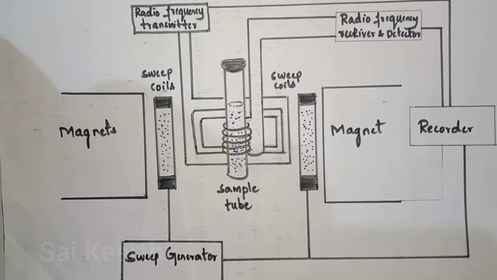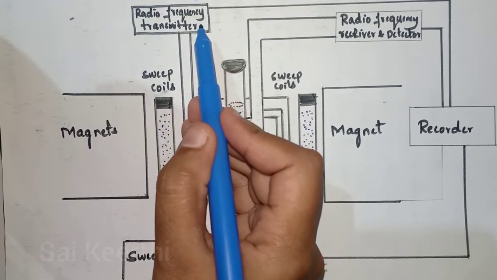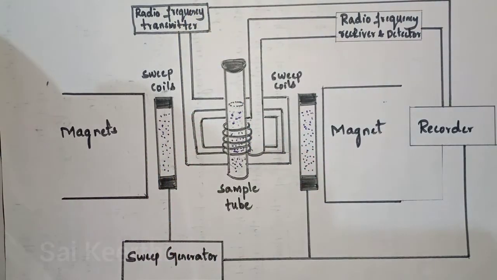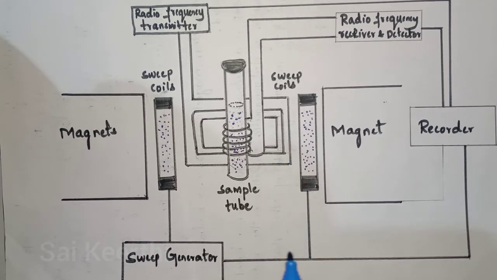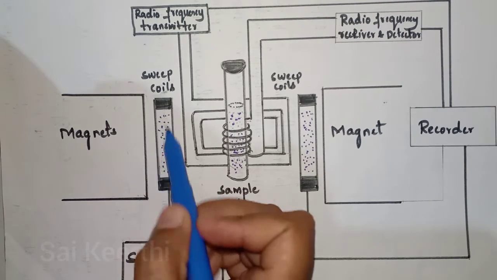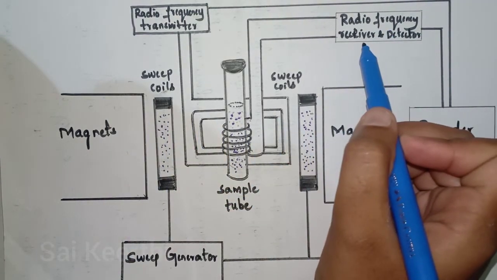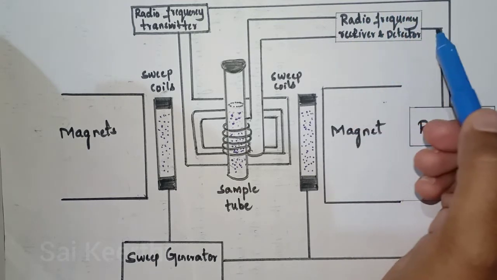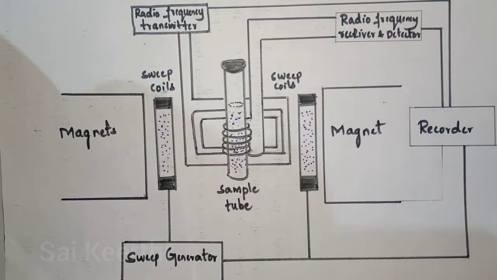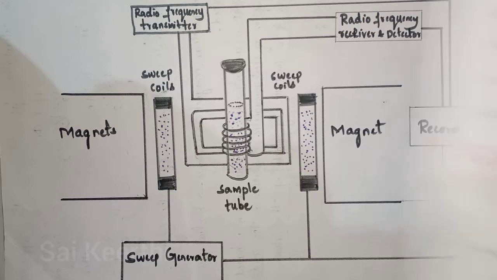In between these two magnets a sample holder is placed, and here is the radio frequency transmitter which transmits the radio frequency, and you can see here a sweep generator, and here the sweep coils are placed. Coming to this side, here is a radio frequency receiver and detector, and here is a recorder. So let's study these components very clearly. First, coming to the magnets.